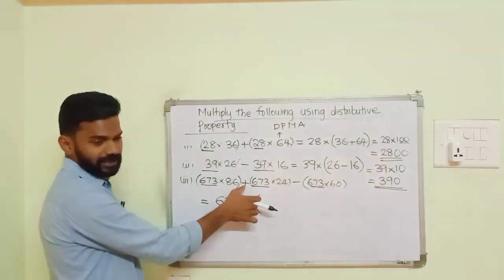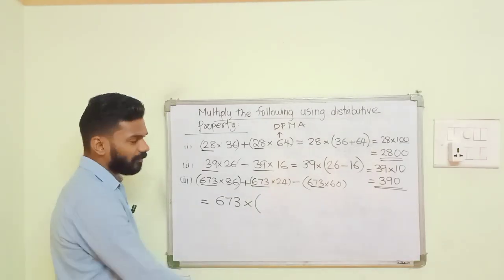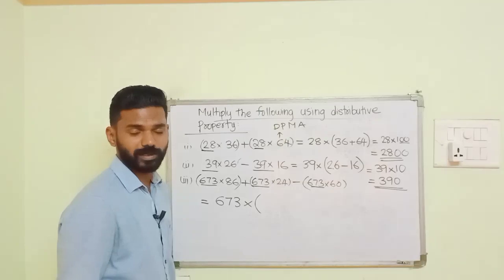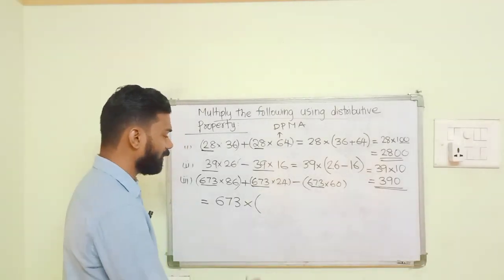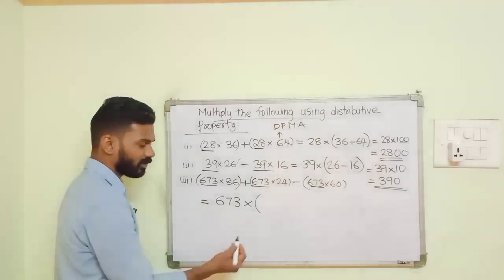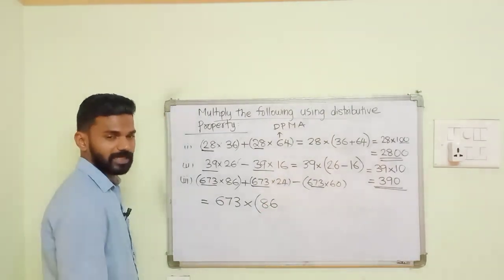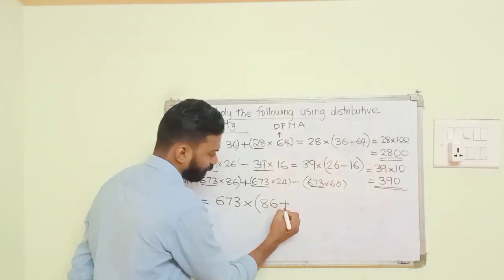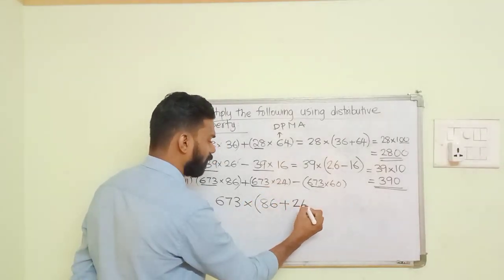Here it is addition, so you will put addition first. Thereafter there is one subtraction also, so that subtraction can be shown in the same bracket itself. So how would it become? First of all 673 into 86 is there, so that 86 will come inside the bracket at first. Then put this symbol plus. Now again the second number, which is 24.